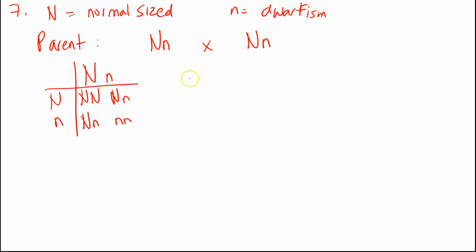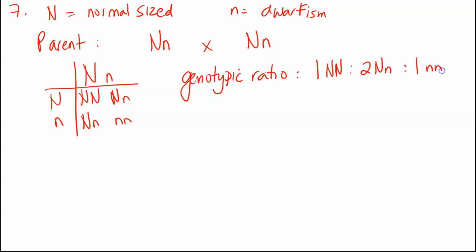So again, let's do genotypic ratio. It is going to be 1 big N big N to 2 big N small n to 1 little n little n.